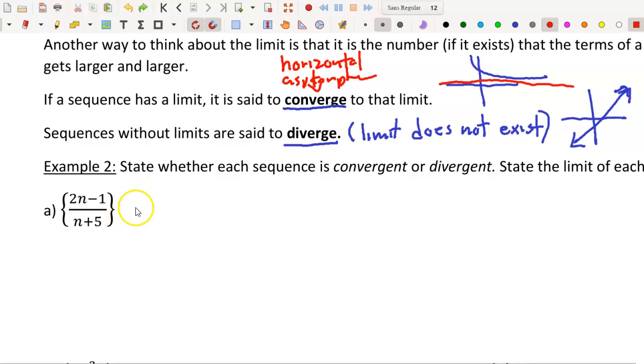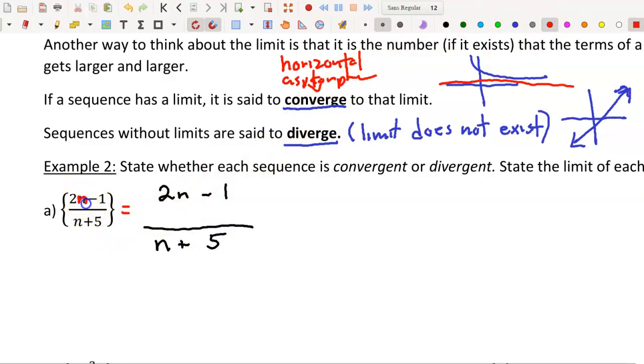All right, so, on these, what we can do is say, let's just take the highest degree of each of these, and what I want you to do is this. Go ahead and write this function down, like so. Leave a little space. And then put the fraction bar. And here's what we're going to do. We're going to divide every single term by the highest degree.